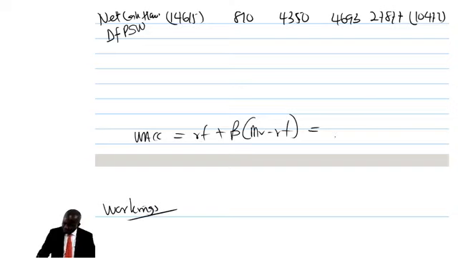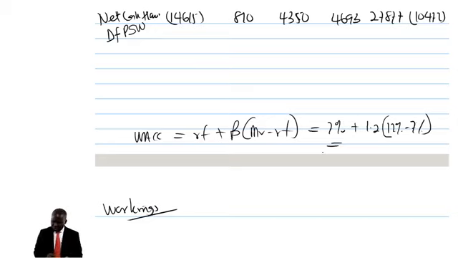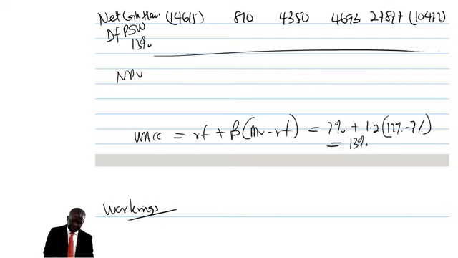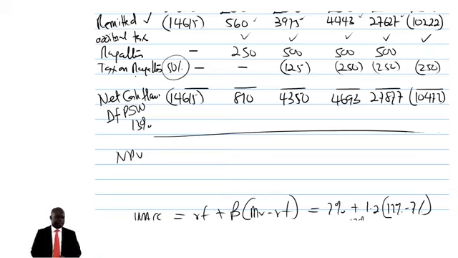So 7% plus the beta of 1.2 times bracket 12% minus 7%, gives about 13%. And when I get 13%, you discount, and everybody should be able to do that to calculate the NPV. That's it.